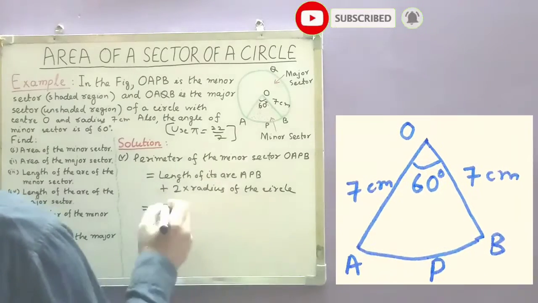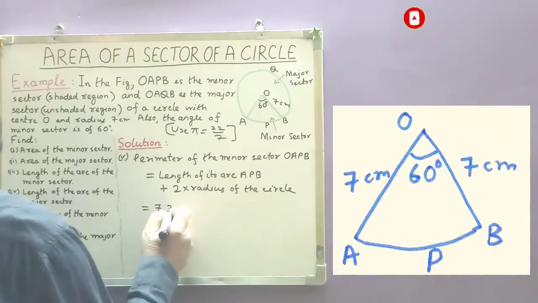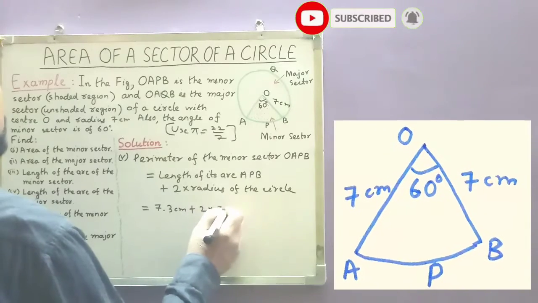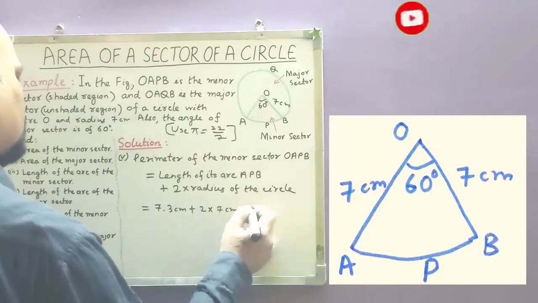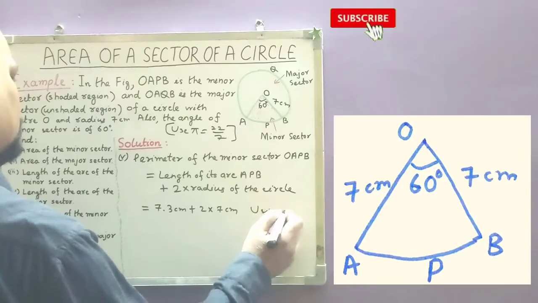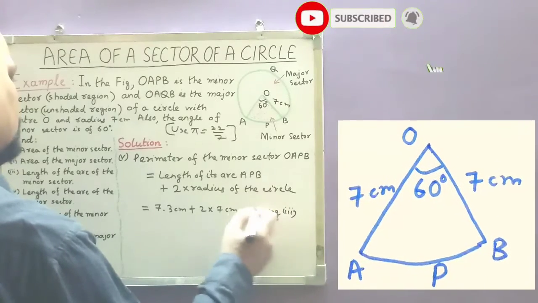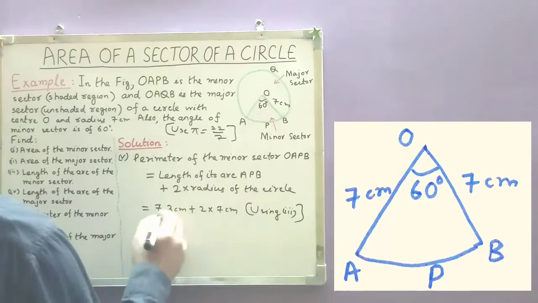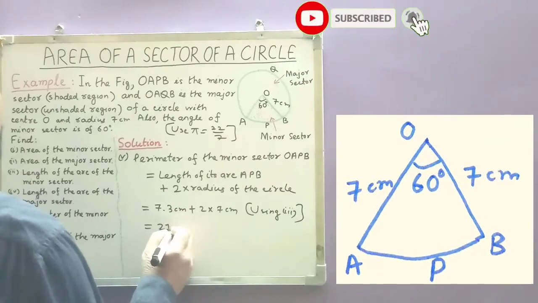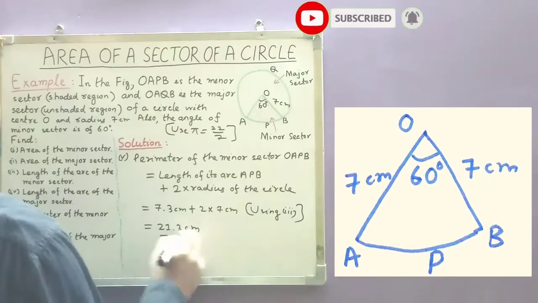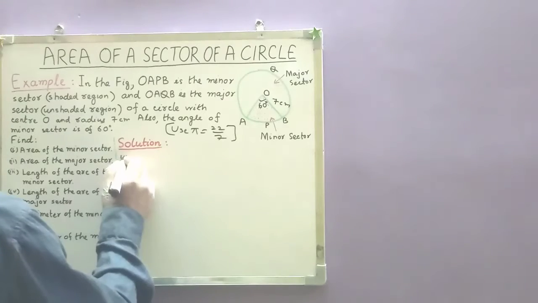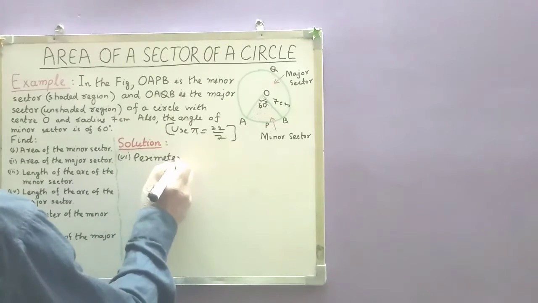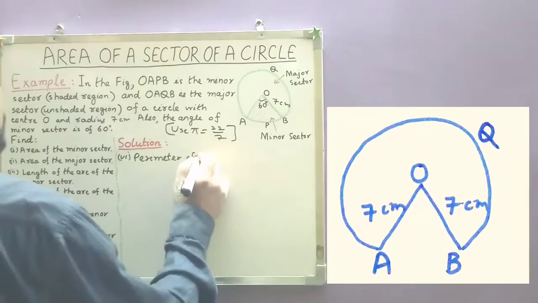That equals 7.3 centimeter plus 2 into 7 centimeter, that we have found from third part of the question, that equals 21.3 centimeter.